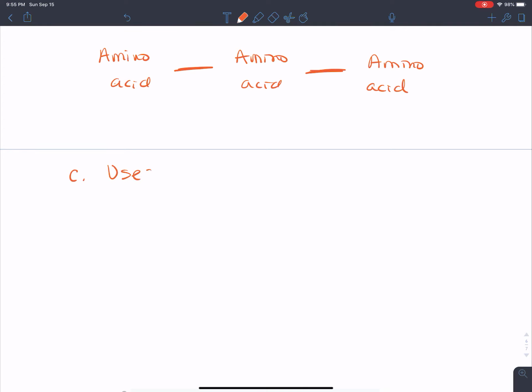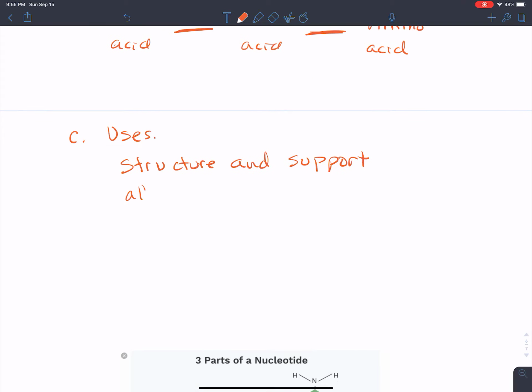Their uses, probably one of the most important uses of these are for structure and support. All of our muscles are made out of proteins. It's also found in our blood. Our blood is protein, hair, skin, fingernails, and many of our internal organs are made out of proteins.